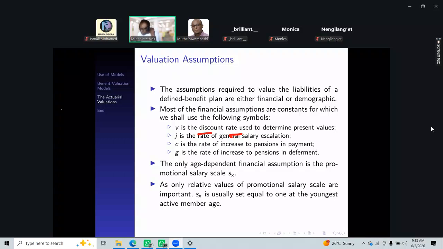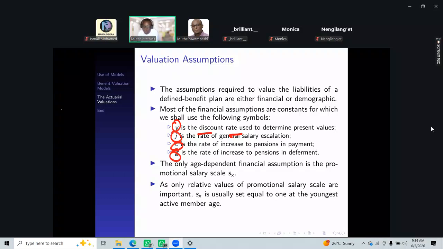So V is the discount rate, J is for salary growth, and then we have C for increase in pensions which are in payment, and then we have, of course, G, which is increase in pensions which are in deferment. So in deferment, it means that someone retires, let's say today, but the plan rule might restrict the benefit, so you have to wait until retirement age to be able to receive this benefit.